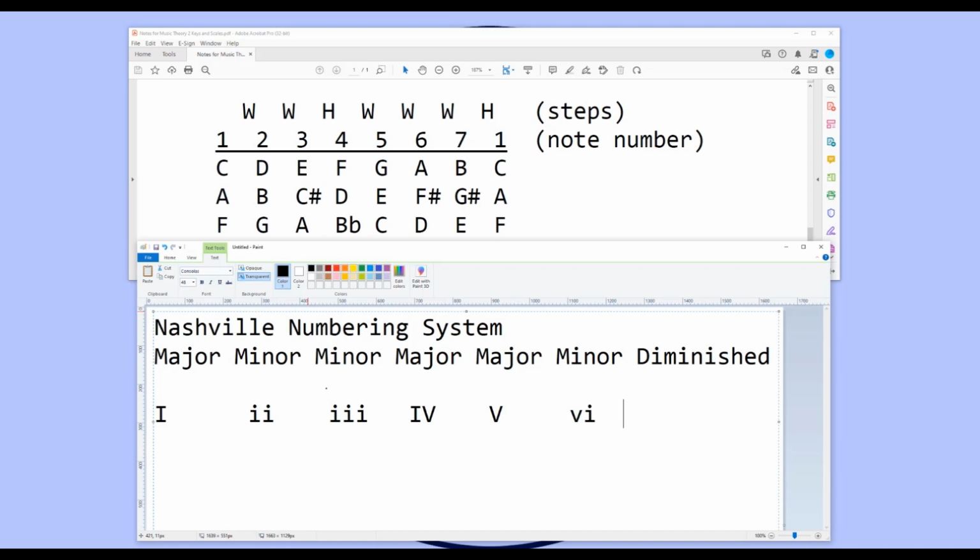It's a little vii, but it also uses basically the degree symbol, which is superscripted. I don't have that font on this program, but I'm just going to indicate it as a little circle.